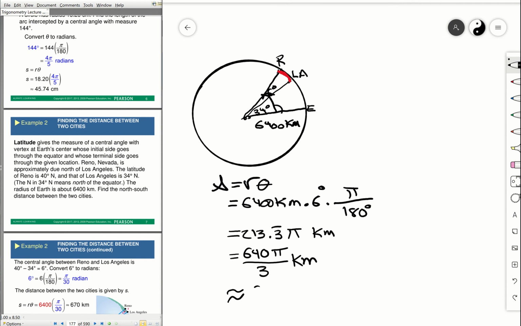So we get approximately 670 kilometers. All right, so go ahead and make sure that you understand that while I get this prepped for our next problem.